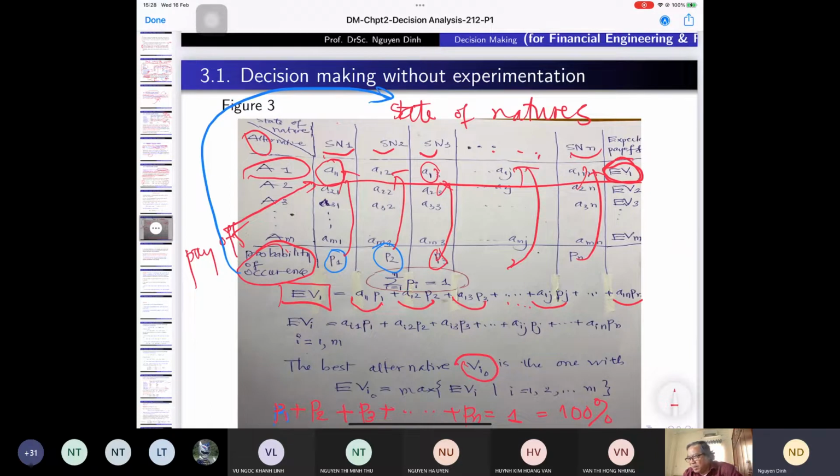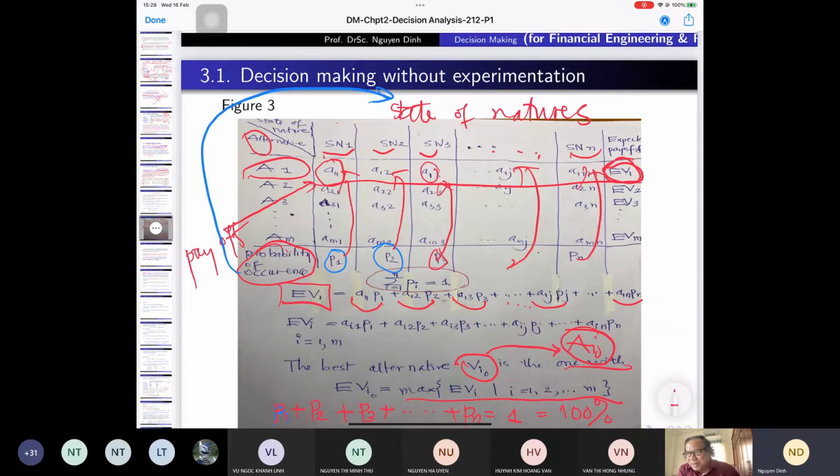The best alternative is the one which is the maximum of these. In this case, you choose Ai0. The alternative we should choose is Ai0, the biggest expectation among the alternatives.